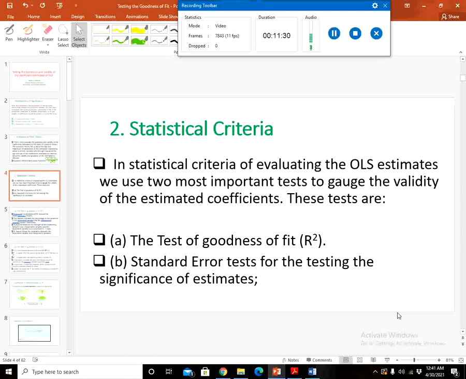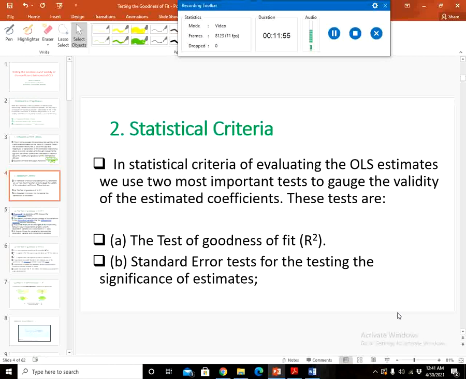We will discuss in this lecture only the test of goodness of fit R square, and we will estimate the formula of the R square, while in the next lecture we will study the standard error tests for testing the significance of the estimate.